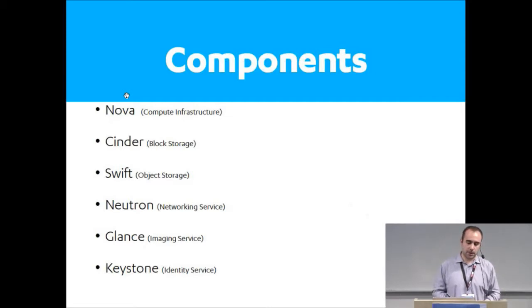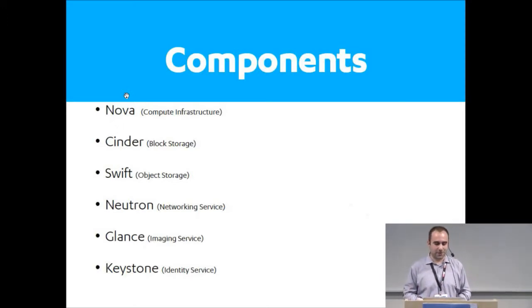Neutron is actually, this project was renamed like 3 times in 4 years. It started as Nova Network, so it started within the Nova project, and essentially it became so big that they had to separate it from the Nova project. So they called it Quantum. And recently they renamed it to Neutron because it was causing some conflicts in the industry with some patents and some trademarks and whatnot.